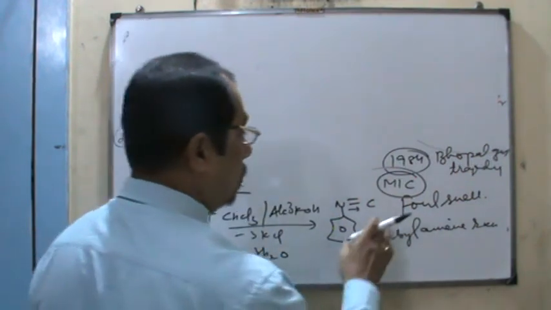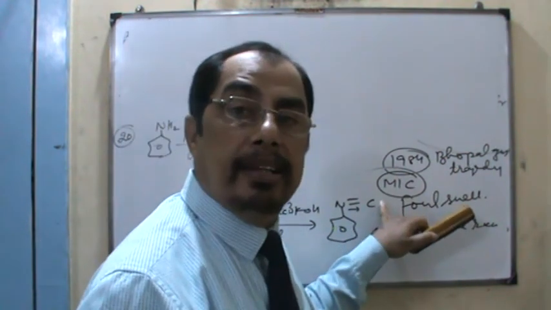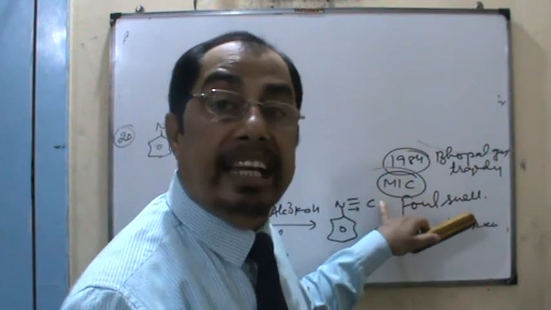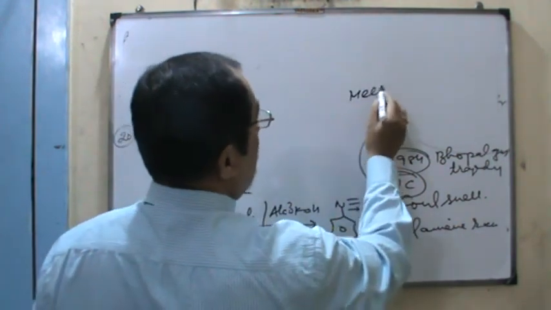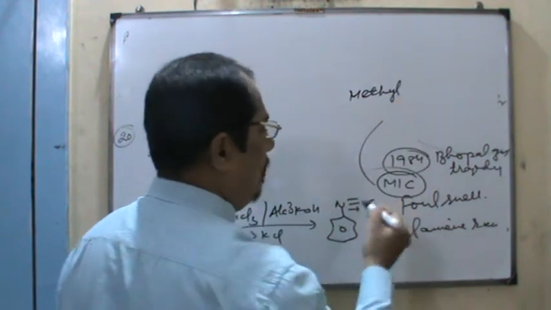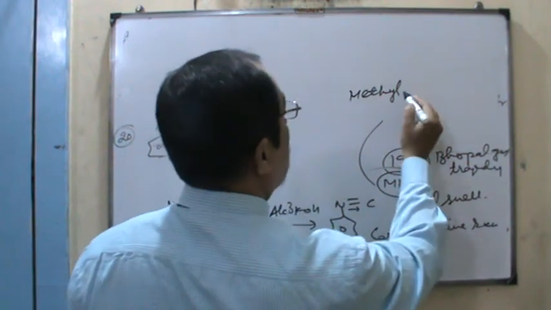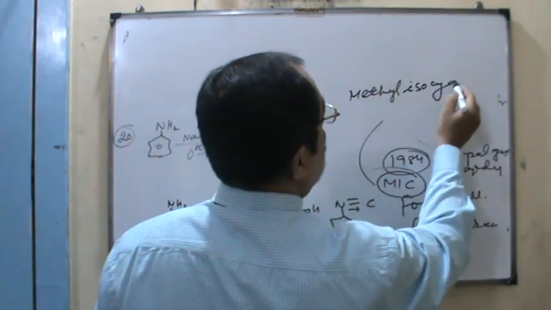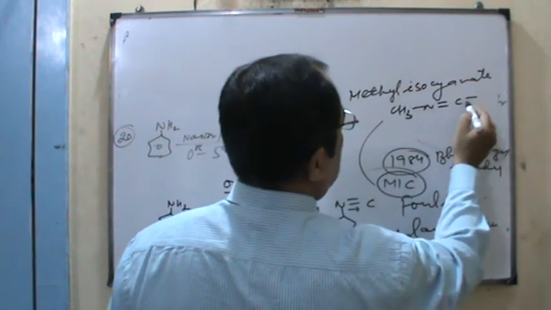It was very unfortunate in the history of chemical science. Methyl isocyanate is CH3, N double bond C double bond O.